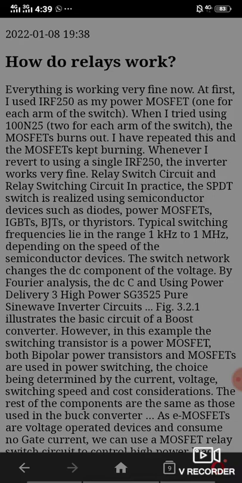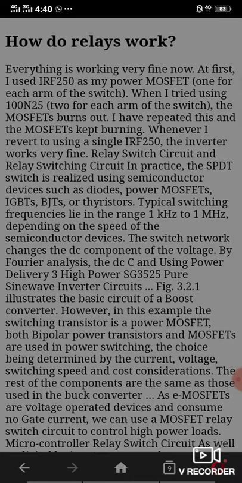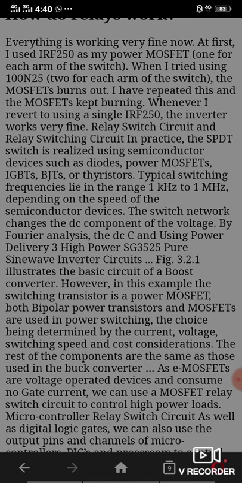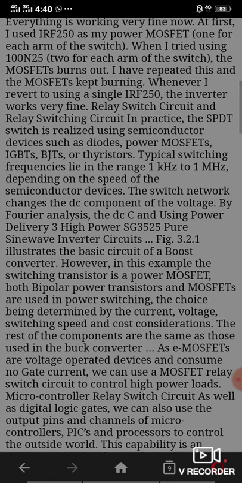Both bipolar power transistors and MOSFETs are used in power switching, the choice being determined by the current, voltage, switching speed and cost considerations. The rest of the components are the same as those used in the buck converter. As MOSFETs are voltage operated devices, they consume no gate current.